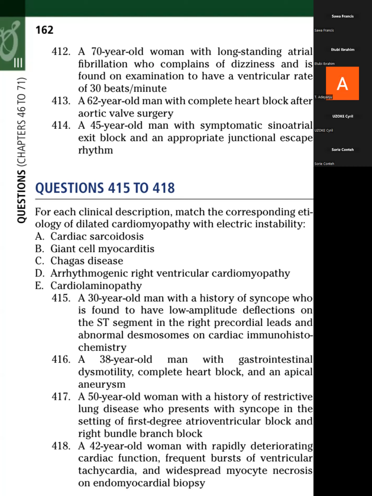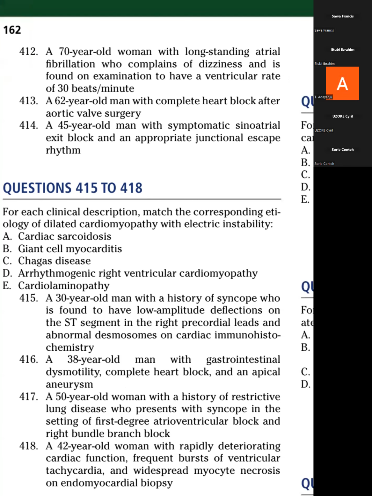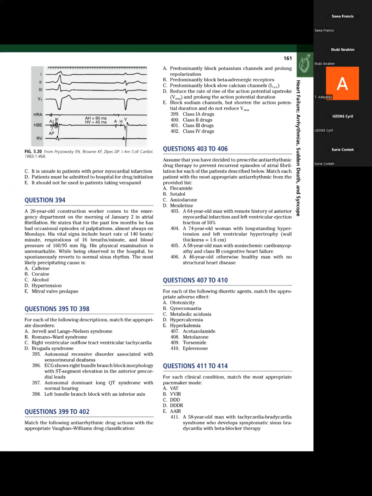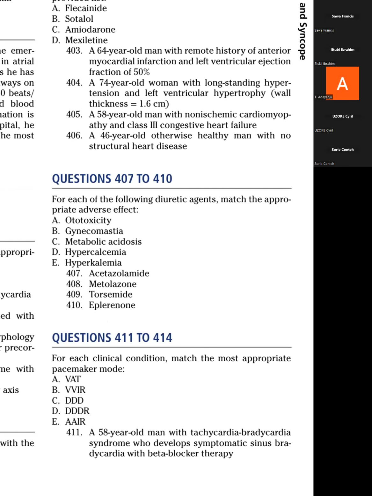So if we are to choose for this 70-year-old, the best option will be option B. The reason being that we need a pacemaker that will pace and sense. The major issue is with the ventricles.